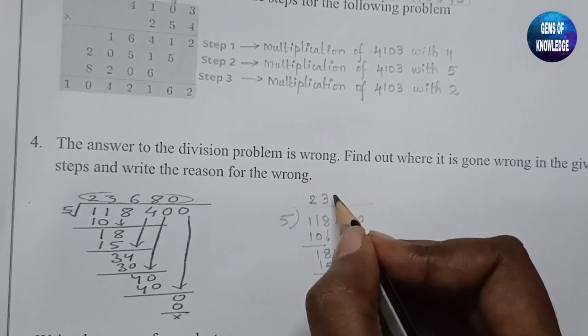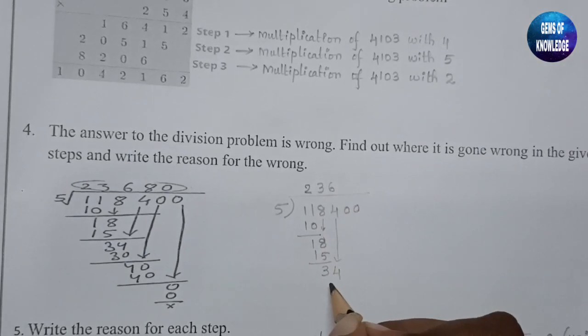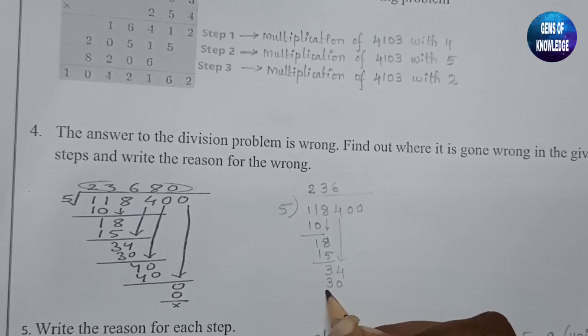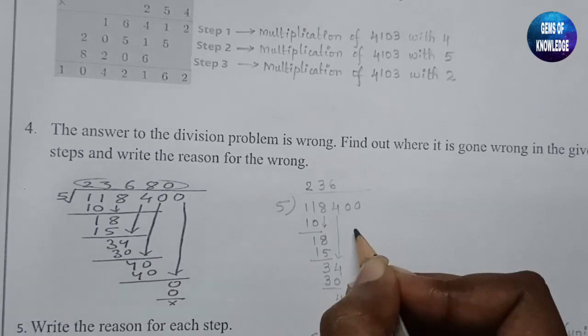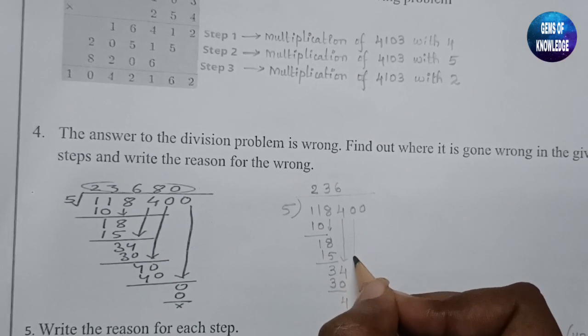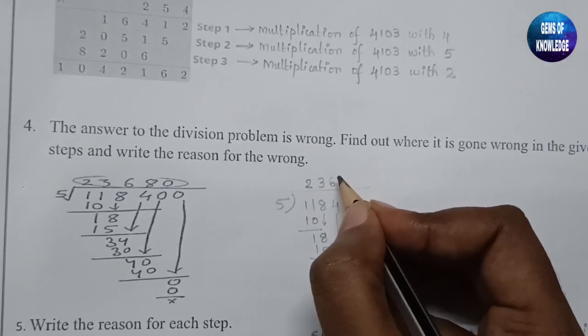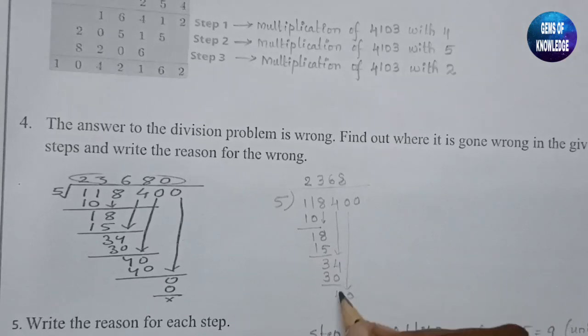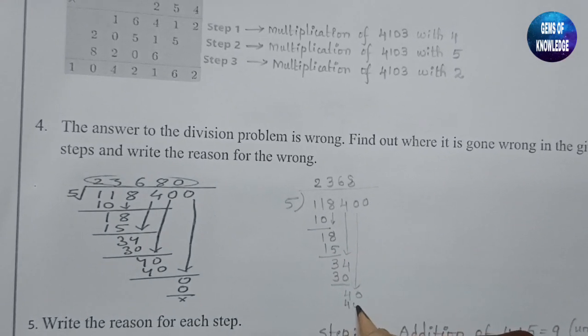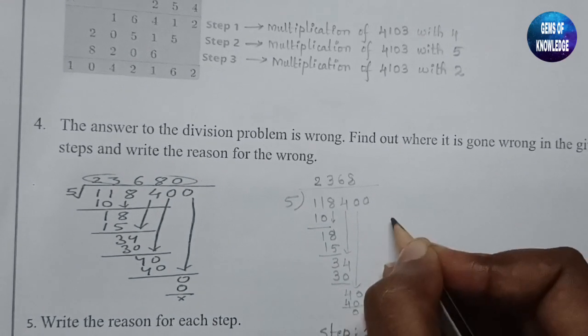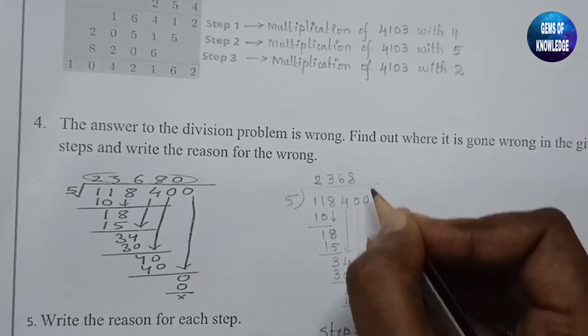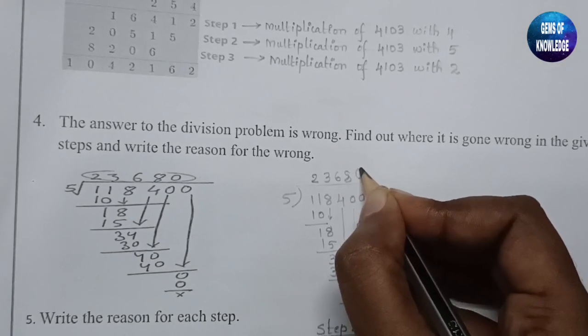And 5 6s are 30 we are getting. So 4 will be remaining and this 0 will be taken down. So it will be 40. 5 8s are 40. 0 will be remaining and this 0, as we cannot take it down, we are putting it here also.